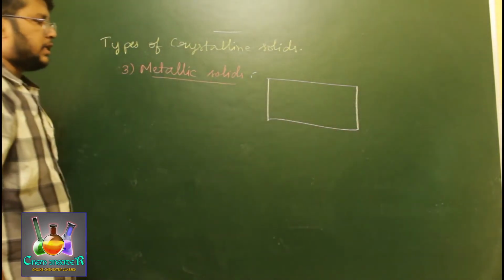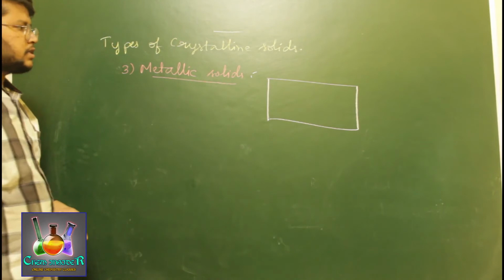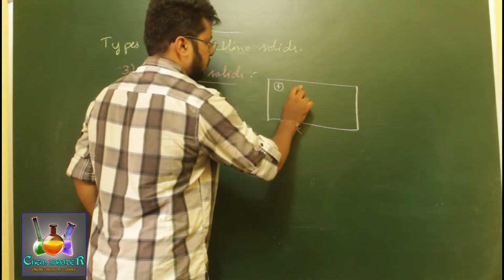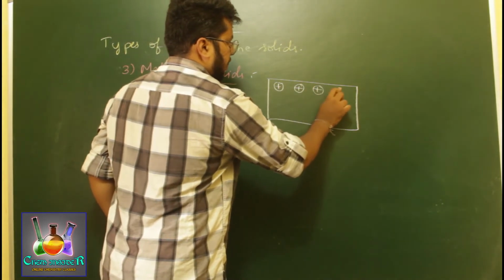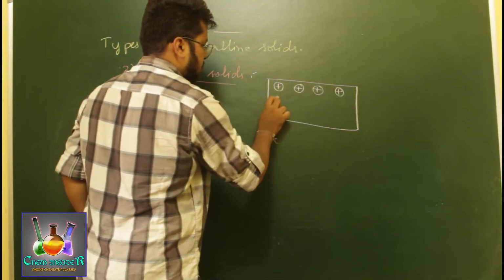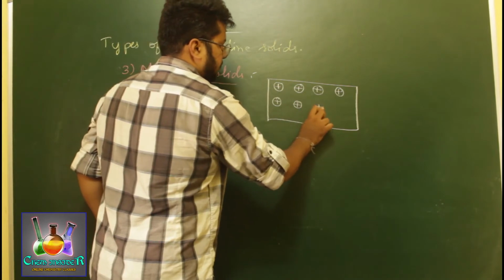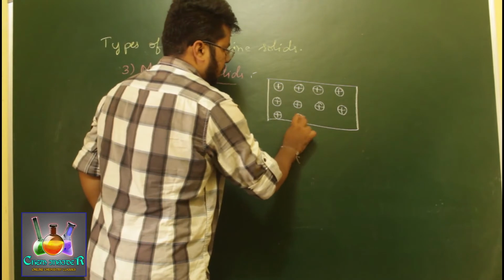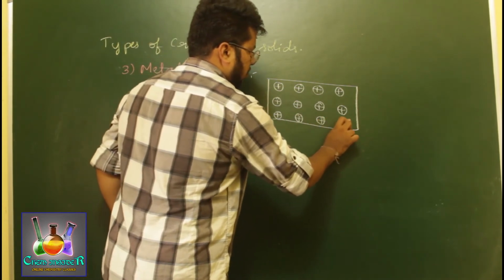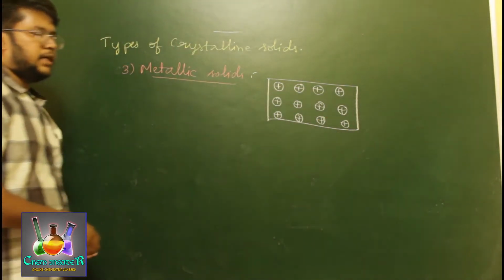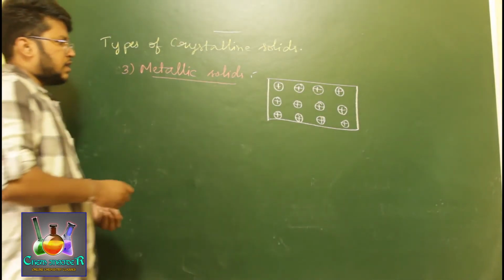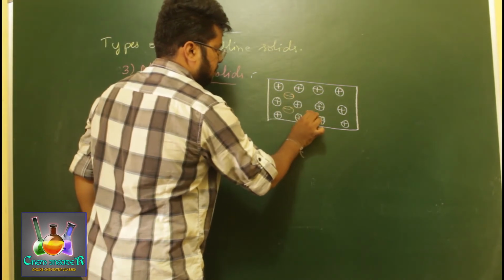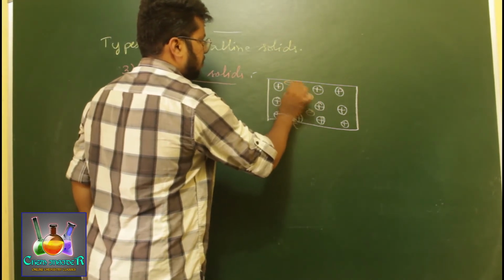A metallic solid is formed by pure metals, and in that metal we have a sea of positive charges aligned in a particular arrangement. The negatively charged electrons will be present between the positively charged spheres, like this.